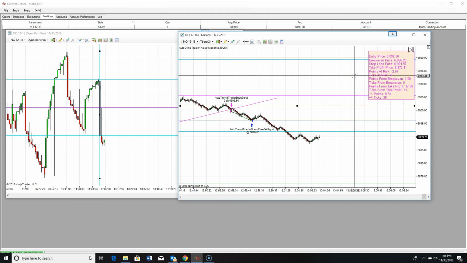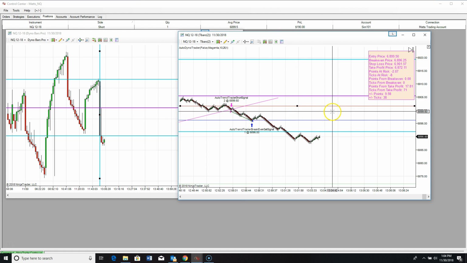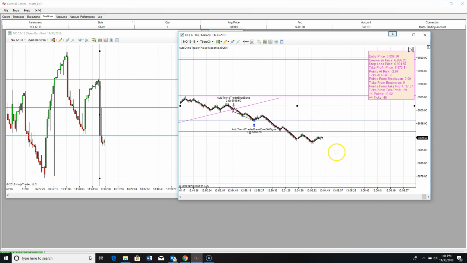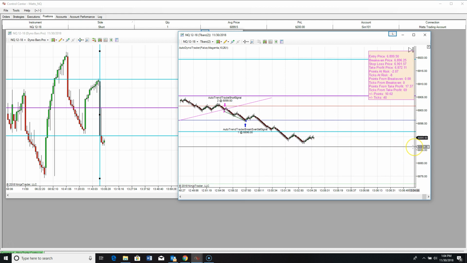And maybe even lock in a few 3 to 5 points. But again, I've seen that price comes back up a little bit. Doesn't get to where your original stop was, but comes back up to where you might have locked in 5 points. Takes you out and then comes right back down. It's just the nature of the beast, right? It is what it is. Got to deal with it.